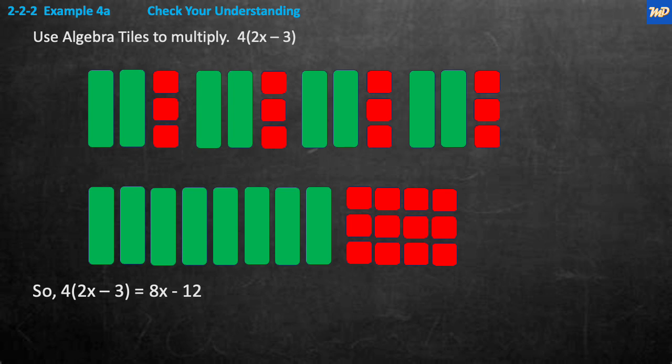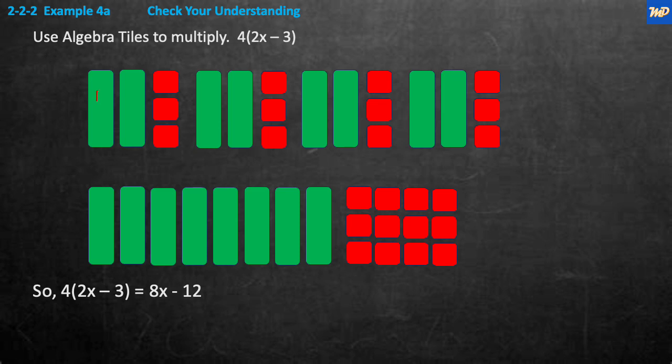Okay, example 4a. There's going to be a couple of slides here, apparently. Check your understanding. Using algebra tiles to multiply 4 times the quantity 2x minus 3. So in this case now the 2x's, the greens here are still the x's. And the minus now, we've got minus 3, so the red tiles are negative. Where the yellow tiles were positive, the red tiles are negative.